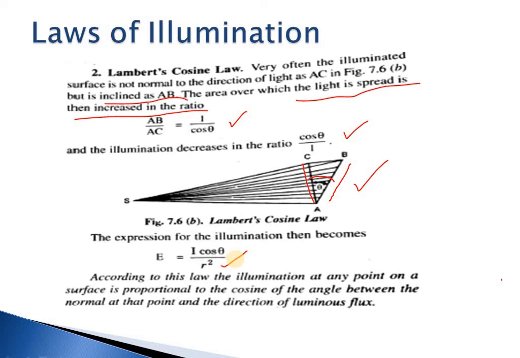According to this law, the illumination at any point on the surface is proportional to the cosine of the angle between the normal at that point and the direction of luminous flux. Okay. So this is the second law, Lambert's cosine law.